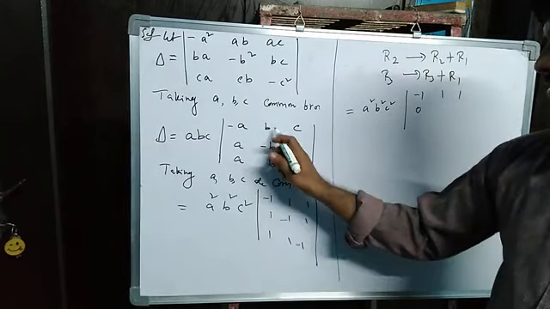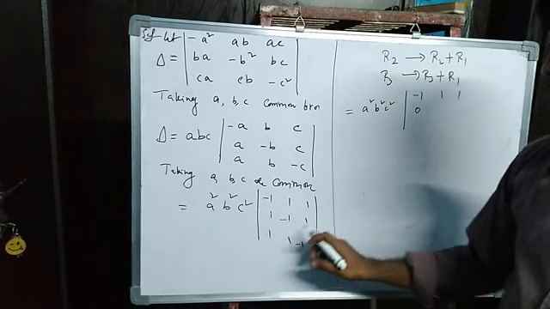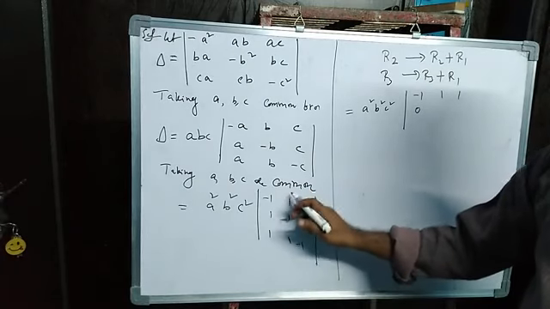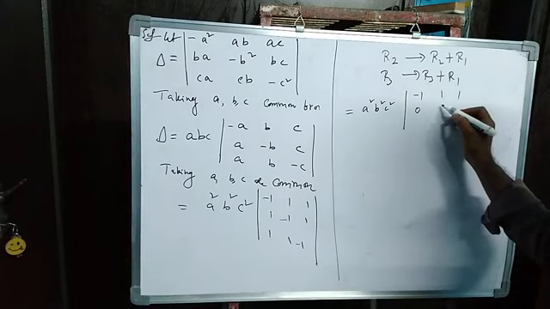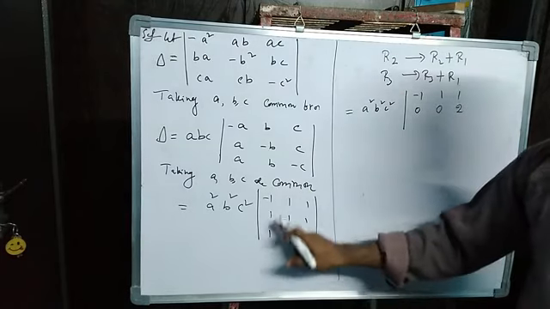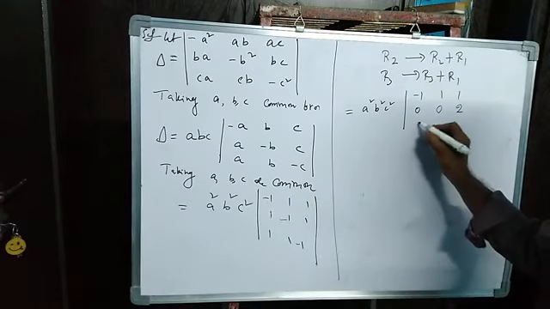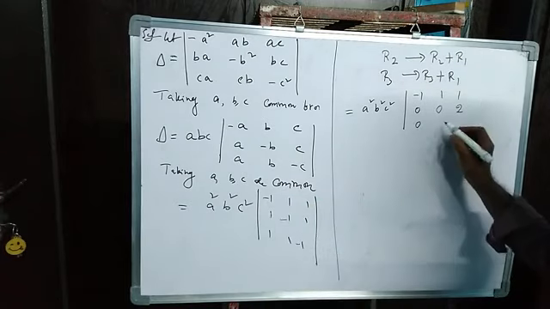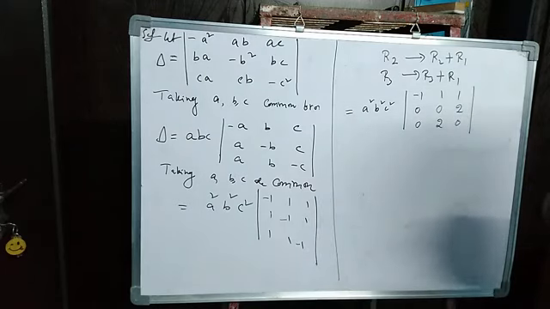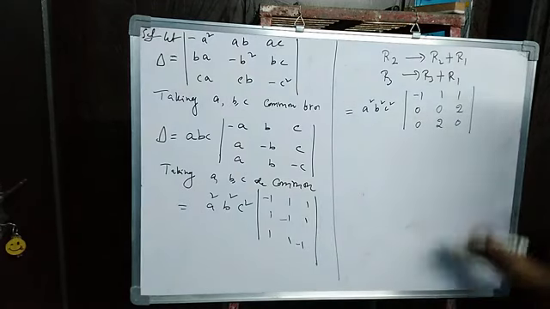Here also minus 1, 1, 1, 1, minus 1, 1, 1, 1, minus 1. Okay. So add them. 1 plus 1, 0. Minus 1 plus 1, 0. 1 plus 1, 2. Next here 1 minus 1, 0. 1 plus 1, 2. Plus 1 minus 1, 0. Okay. Yes.